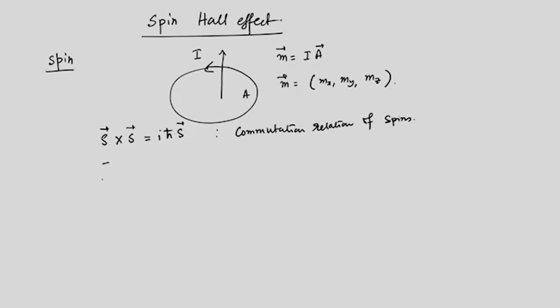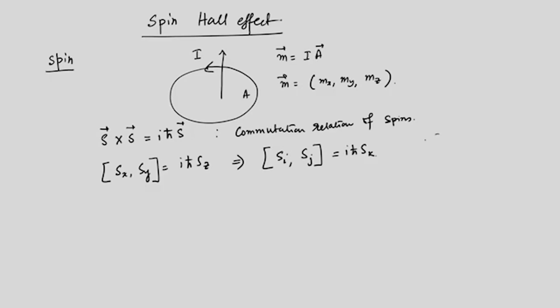What it means is that you have [Sx, Sy] equal to i h cross Sz, or it can be written as [Si, Sj] equal to i h cross Sk, where i, j, k are x, y and z in a clockwise fashion.